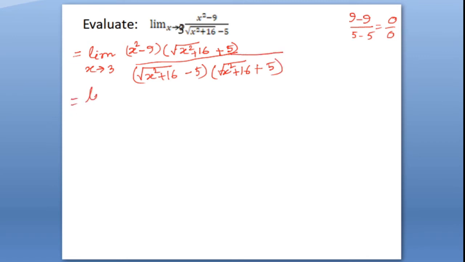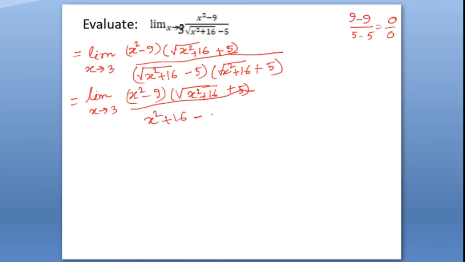Next, limit x tends to 3. In the numerator we will write x square plus 16 plus 5, and in the denominator we will multiply, that means this will be x square plus 16 and then minus 5 square, that is 25.